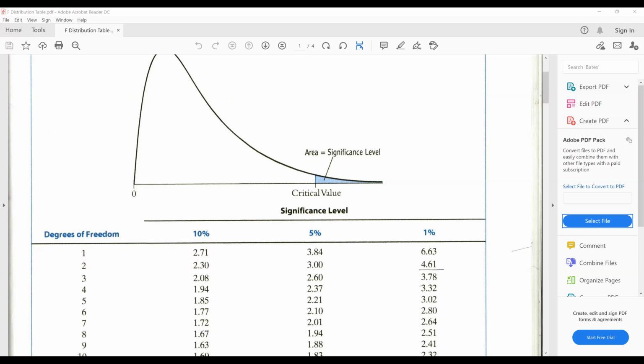This should work. I don't know why. Which one's the inverse of the left probability distribution? Yeah, so that's what I want.